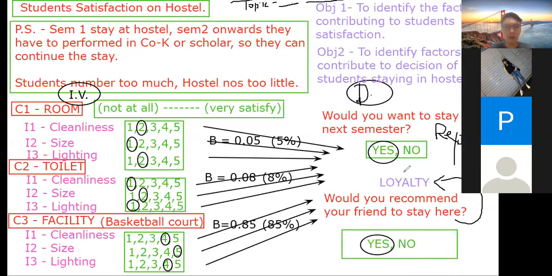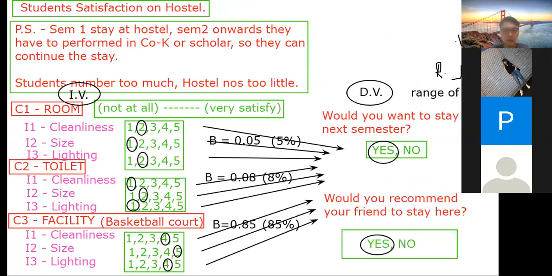So these are all objectives that you can play around and create. So this is a research framework.